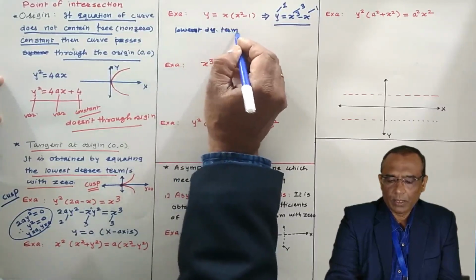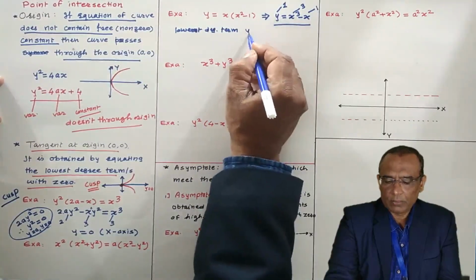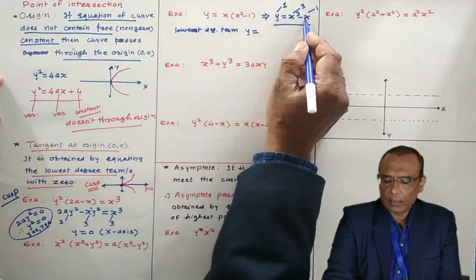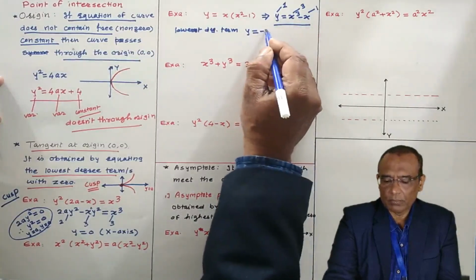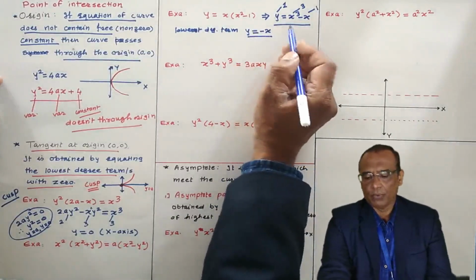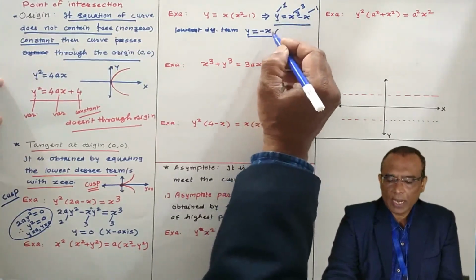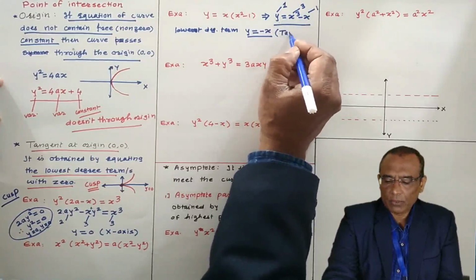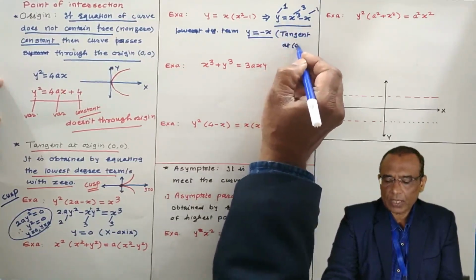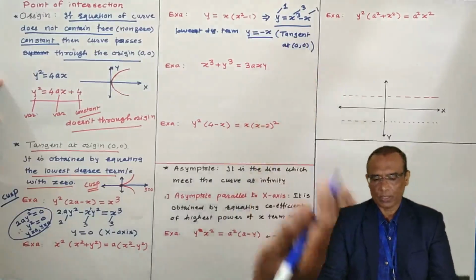I am writing y is the lowest degree term and minus x is the lowest degree term. Therefore, y equal to minus x is the line which is tangent to the curve at origin. Tangent at (0, 0) means tangent at origin.